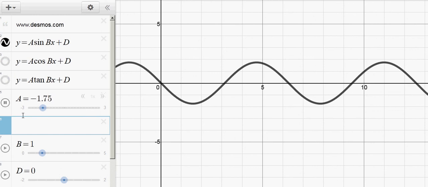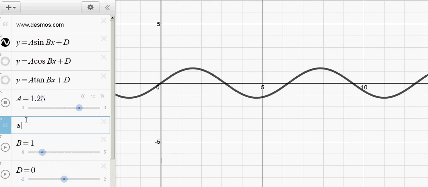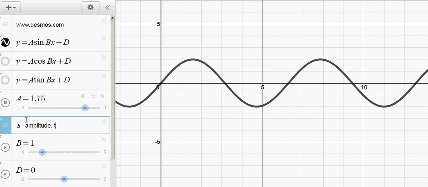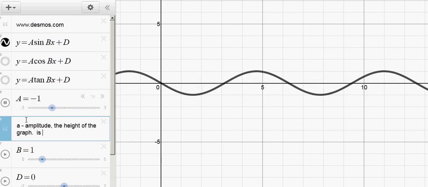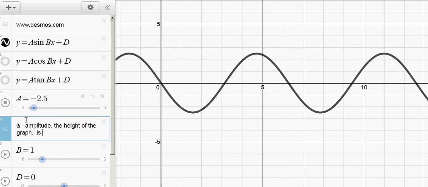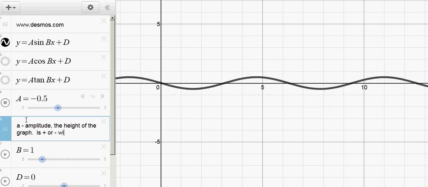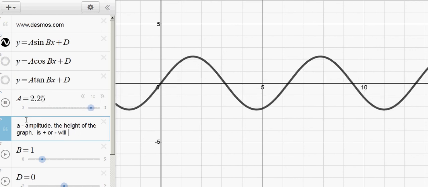So get that plane. And here we could say that A is our amplitude, the height of the graph. If positive or negative, we'll swap, kind of flip it over.